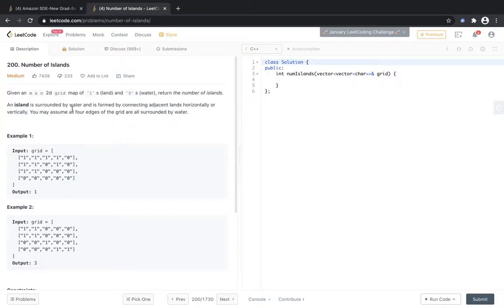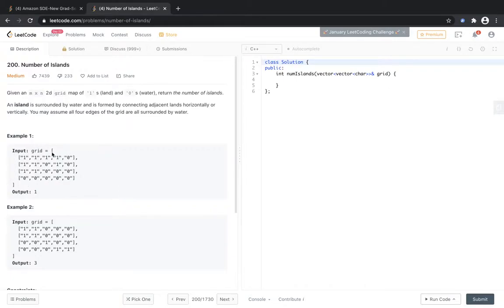It is surrounded by water and is formed by connecting adjacent lands horizontally or vertically. By adjacent, we mean along the edges, not corners, because they have said that the lands are connected horizontally or vertically, not diagonally. You may assume all four edges of the grid are surrounded by water. So this is the grid, and outside the grid there is all water.